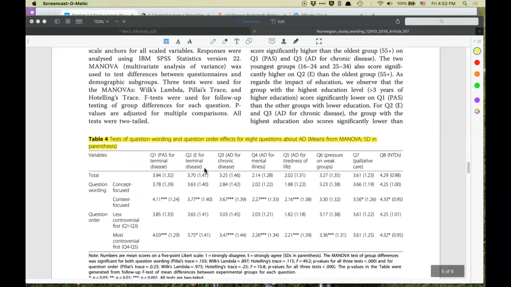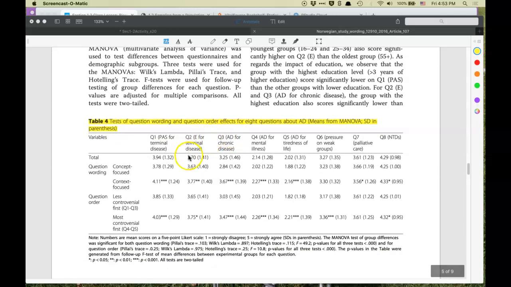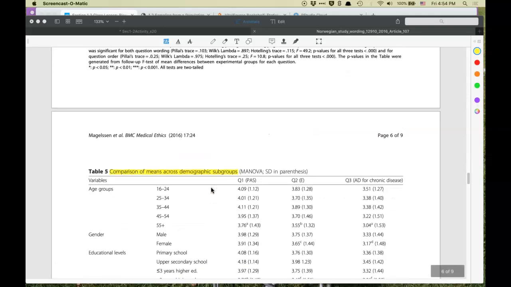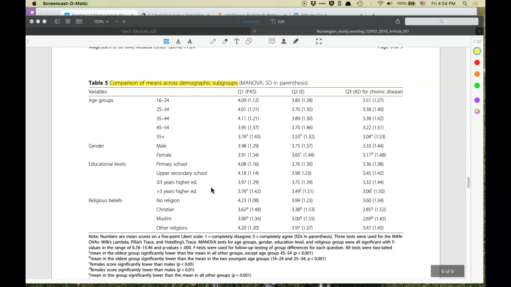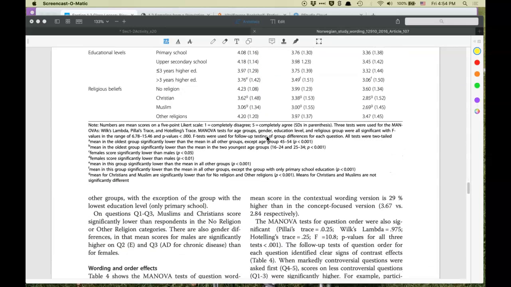What I wanted to call your attention to is just that this table 4 shows that the way in which the question was asked certainly results in different kinds of responses. Different levels of positivity, I guess. And then by subgroup, of course, there are differences in attitudes toward assisted death, physician-assisted death.